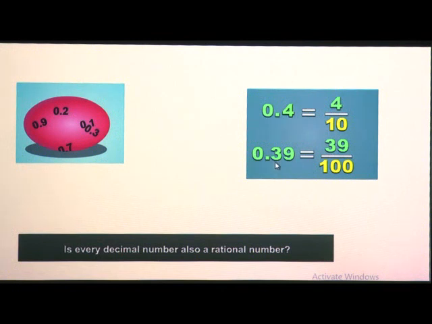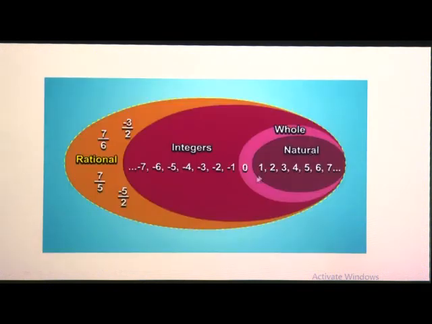So 0.39 is 39 upon 100, because after the decimal point there are 2 digits, so we have to write 100. So we can say that every decimal number is also a rational number. We have proved it with an example here. Now, you might be wondering what this oval shape is. It is nothing new, what we have learned; I just want to summarize this.